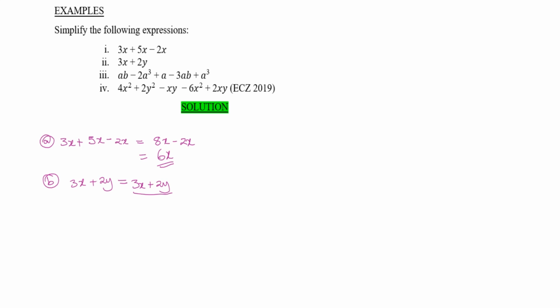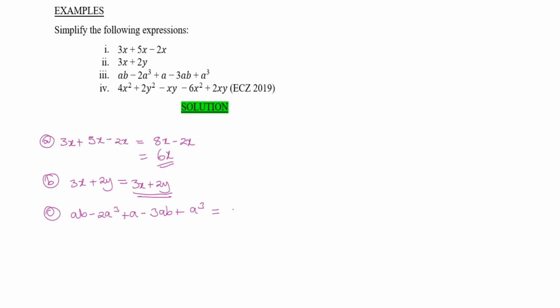Then for question C, we have ab minus 2a cubed plus a minus 3ab plus a cubed. Here we can try to look at which ones are like terms.